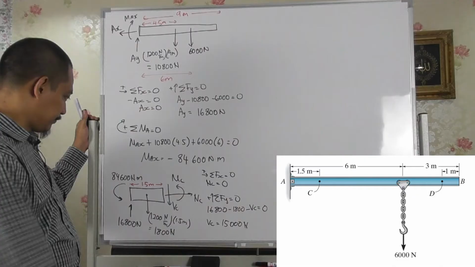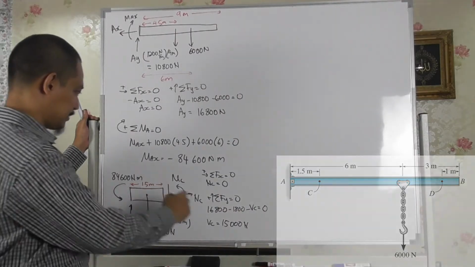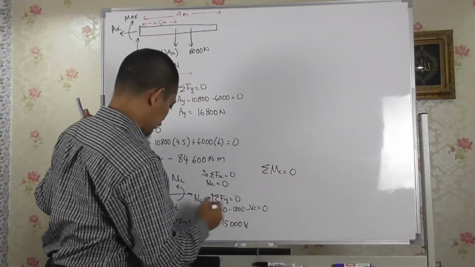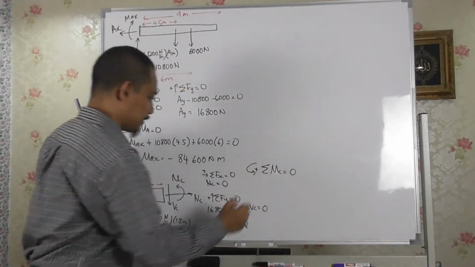And then to solve for MC, summation of MC equal to 0, taking counterclockwise as positive.